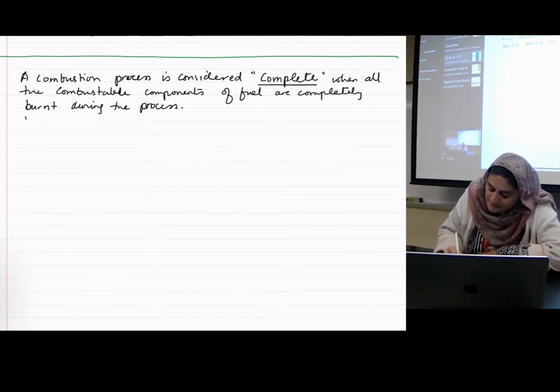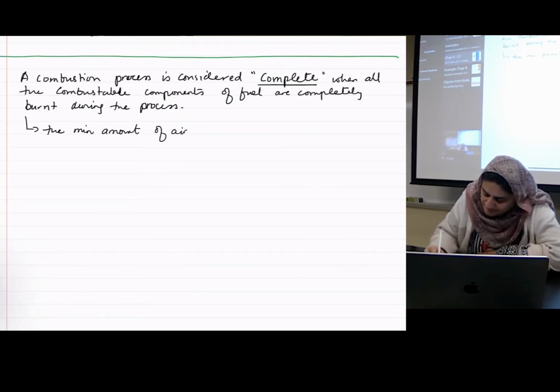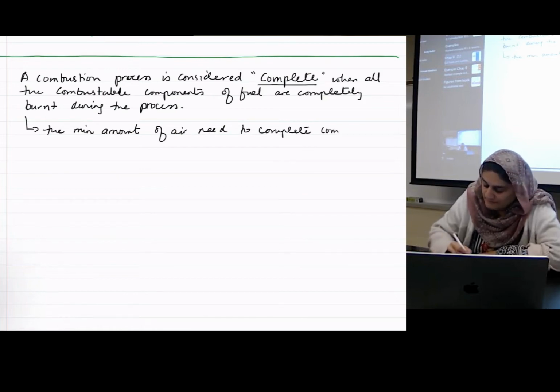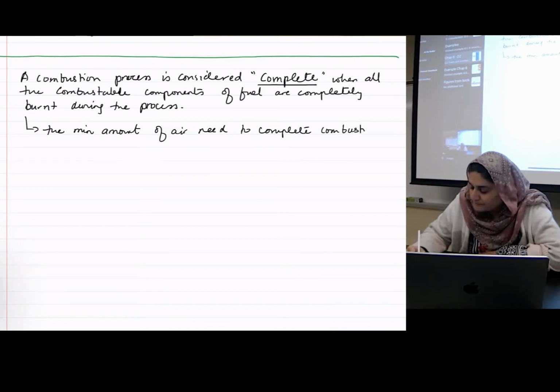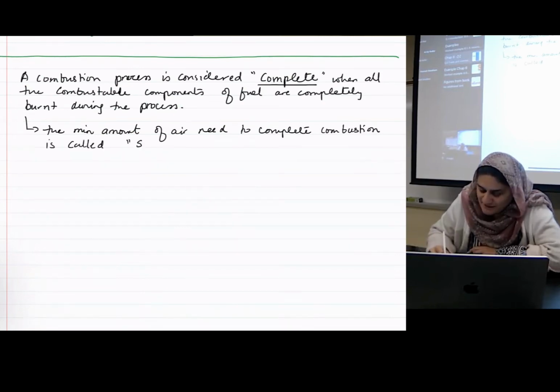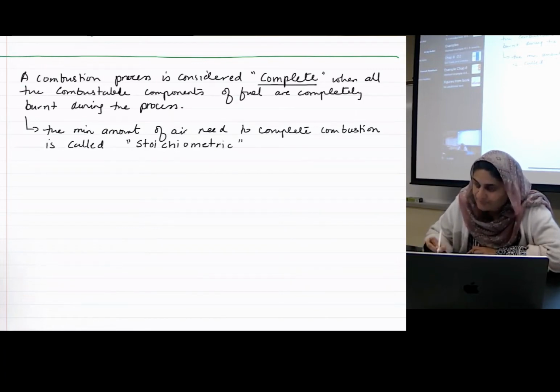The minimum amount of air needed to complete combustion is called stoichiometric.